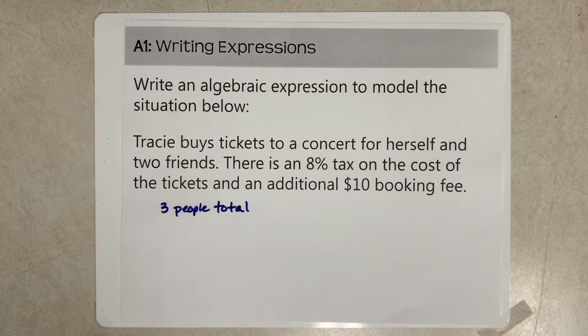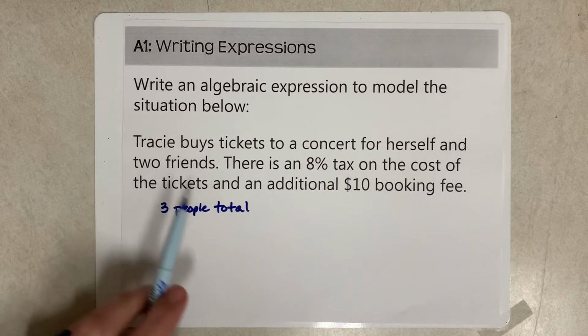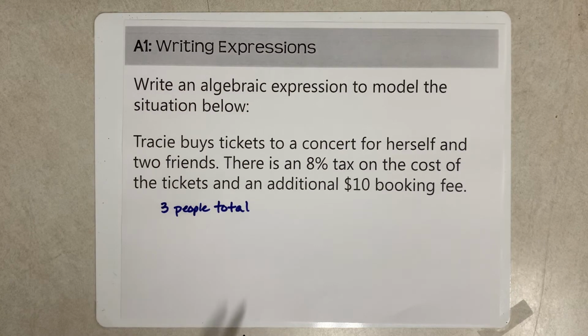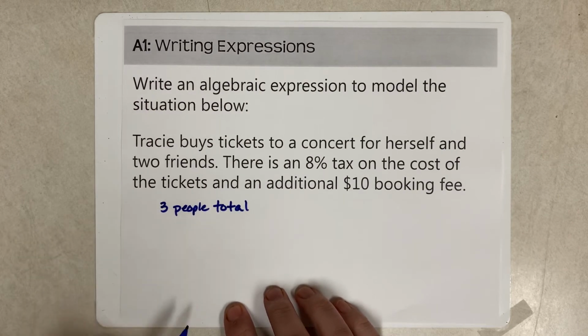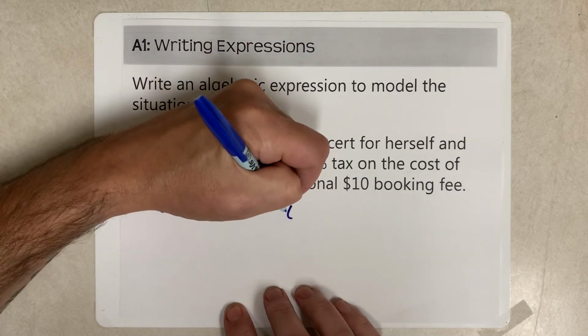Okay, so now we've got the amount of money, the cost of the tickets. So we have to have a variable for the cost of the tickets. So let's let, we could use t. T usually stands for time, but if we want the cost of the tickets, we can use t for this also. So we have the cost of the tickets.